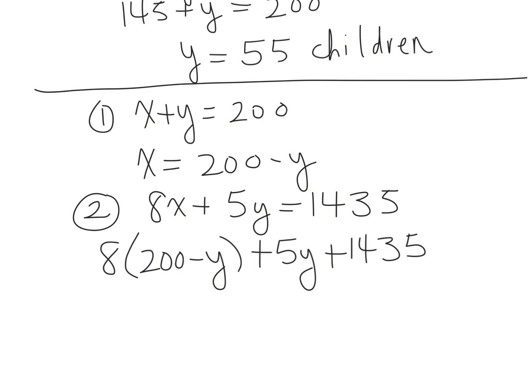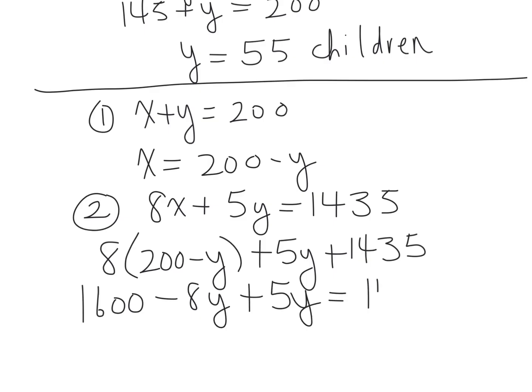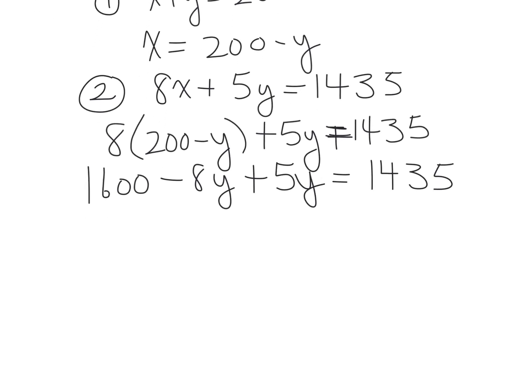I'll expand the brackets here, so we have 1,600 minus 8y plus 5y equals 1,435, yeah? Whoops, I need to have the equal sign up there. So on this side, I would have 1,600 minus 1,435.